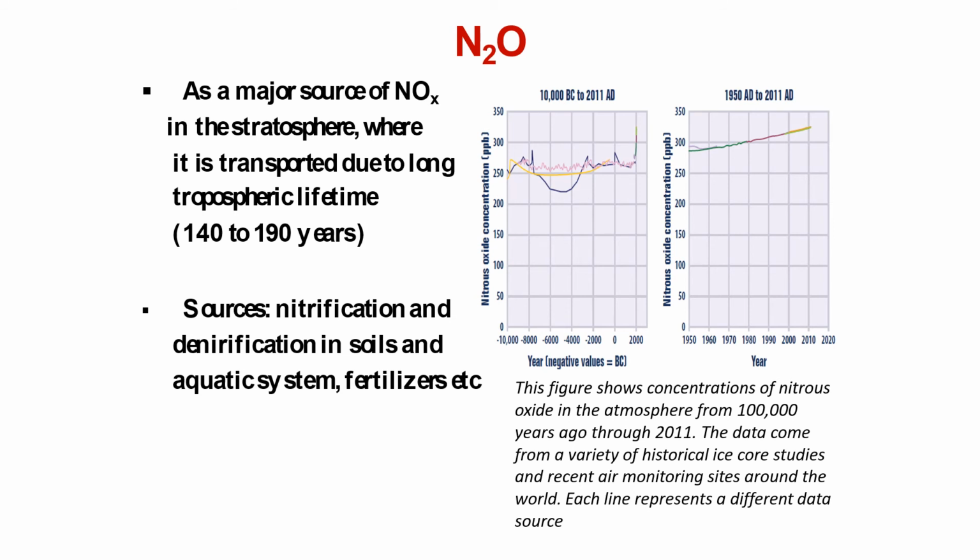This figure shows concentrations of nitrous oxide in the atmosphere from 100,000 years ago through 2011, and the data come from a variety of historical ice core studies and recent air monitoring sites around the world. Each line represents a different data source.